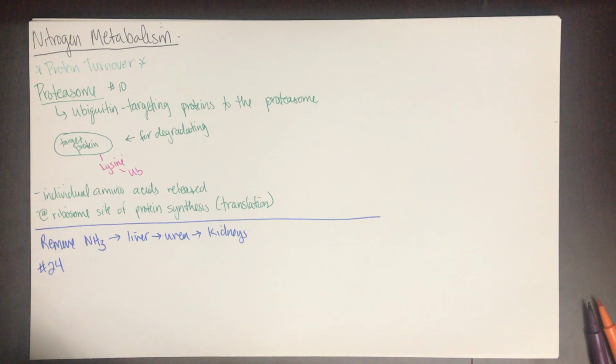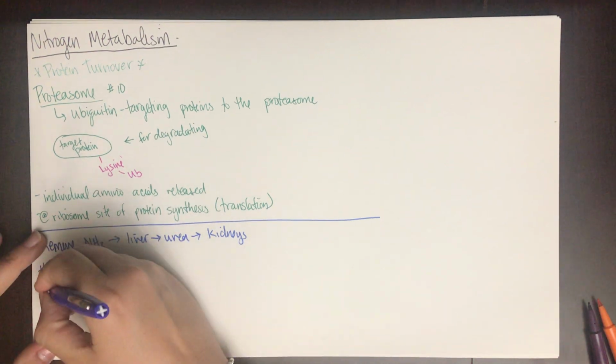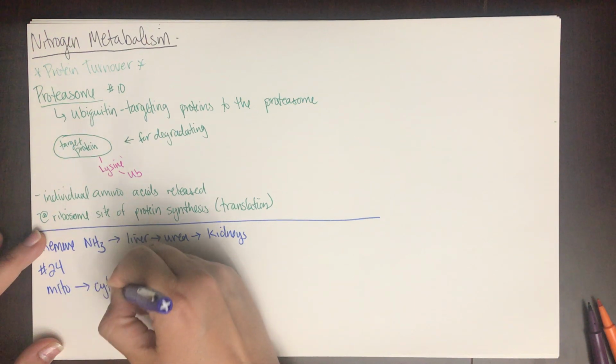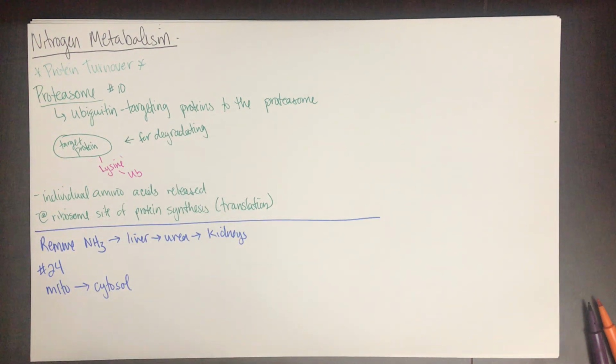So carbamoyl phosphate is important in the ornithine transferase that's happening. So we're in the mitochondria is where this process is happening. It's happening between the mitochondria and the cytosol. So what happens is we go through successive reactions to remove the nitrogen group.